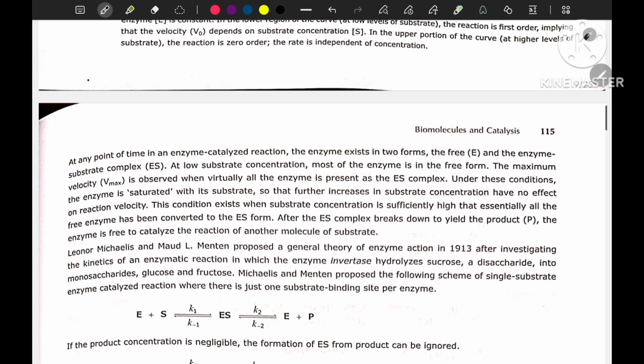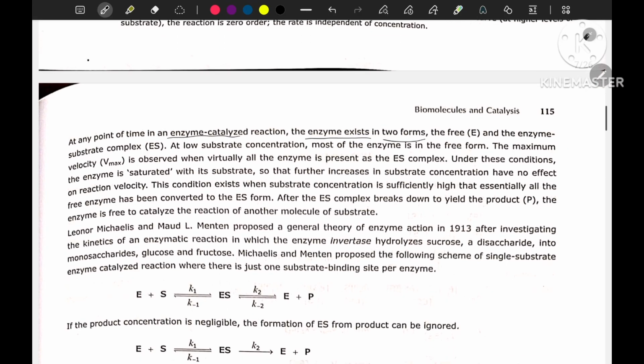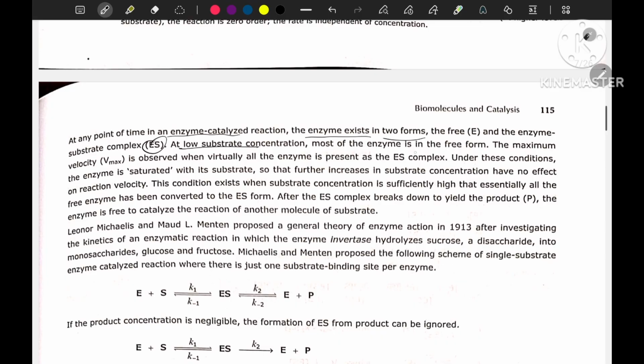At any point in an enzyme catalyzed reaction, the enzyme exists in two forms: the free enzyme E and the enzyme substrate complex ES. At low substrate concentration, most of the enzyme is in free form. The maximum velocity Vmax is observed when virtually all the enzyme is present as the ES complex.